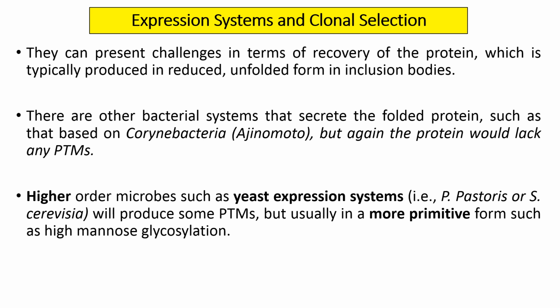But the protein produced from the bacterial system, which lacks the post-translational modification, also presents a challenge in terms of recovery because it's produced in a reduced and unfolded form, including inclusion bodies. So we need another bacterial system that can secrete the folded protein, such as Corynebacterium ajinomoto.